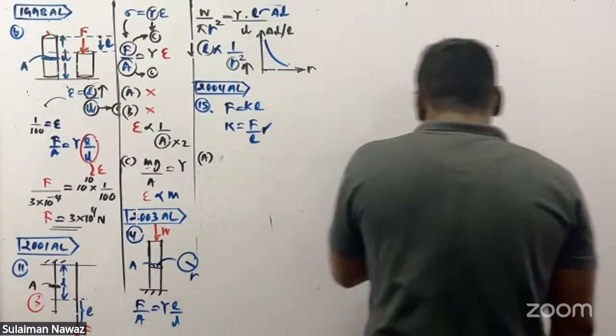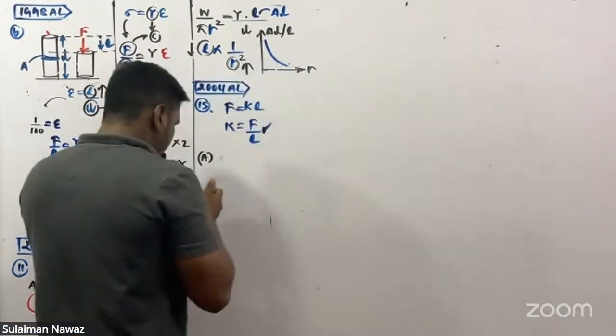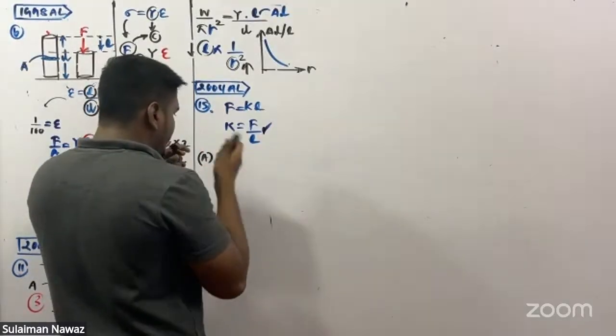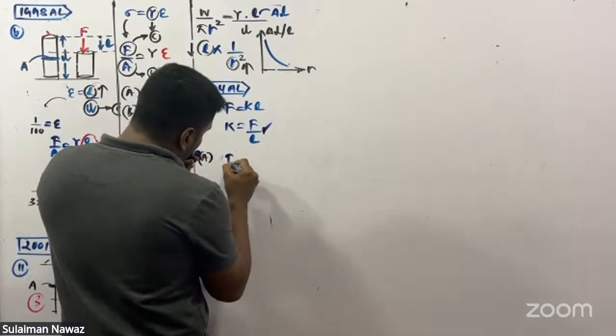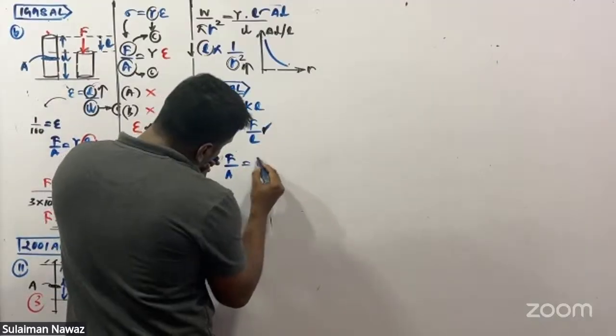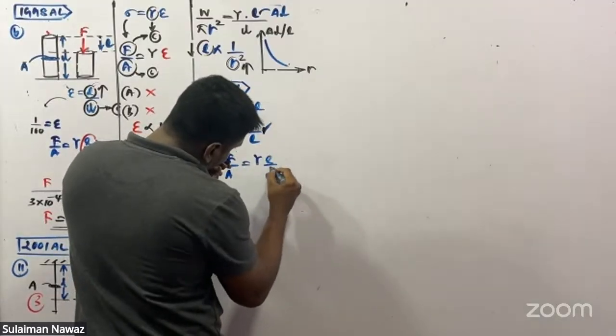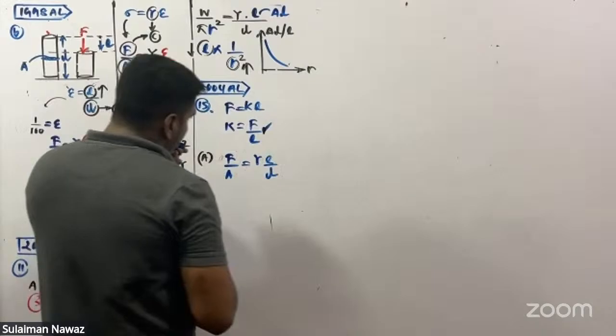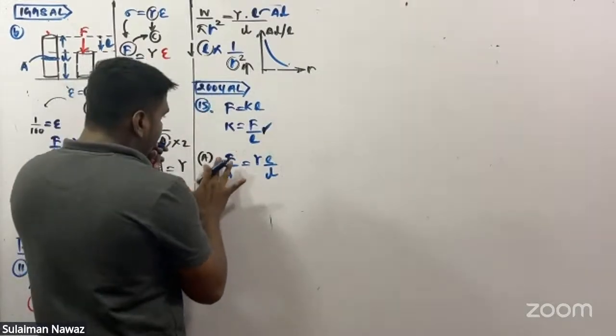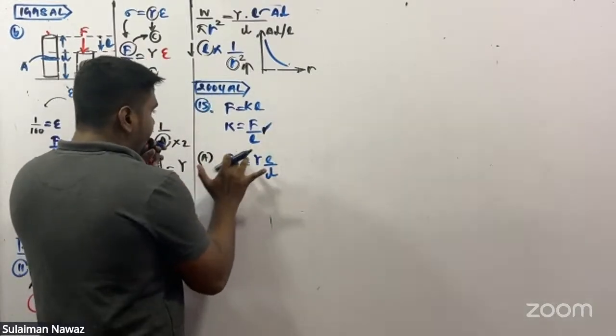Just try to understand. I can remember the normal equation: F over A equals Young's modulus times e over L. And we know that F is Ke.